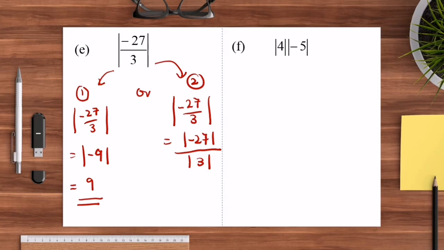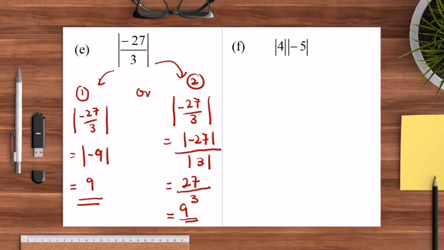And then, absolute value of negative 27 is equal to 27 divided by absolute value of 3 is equal to 3. Then we divide 27 by 3, then we get 9. Okay, so you can choose either way. At the end you will get the same answer.